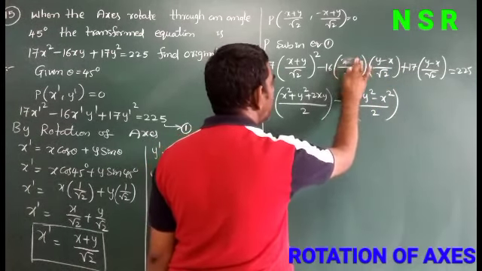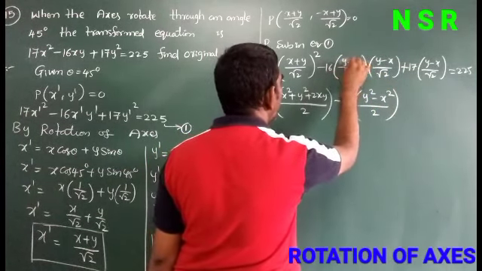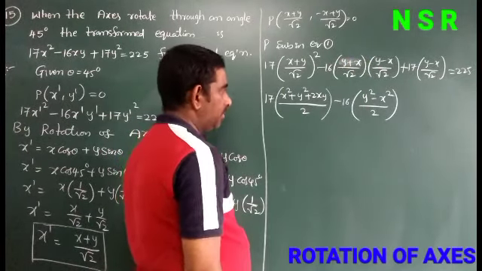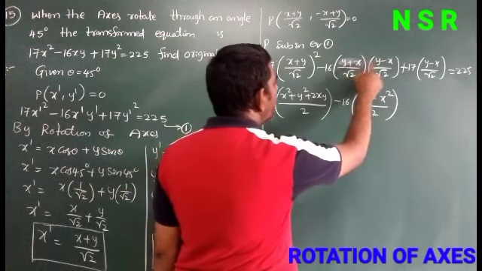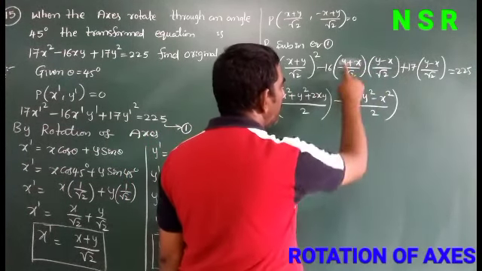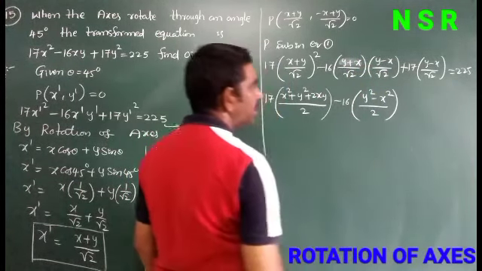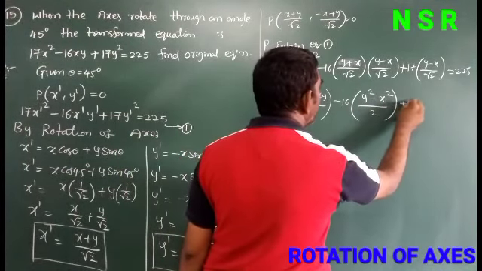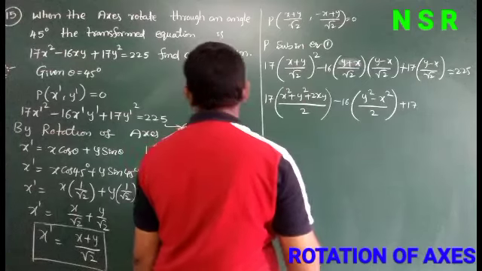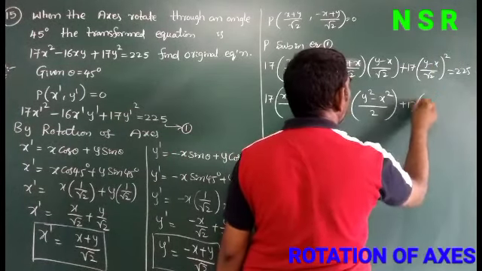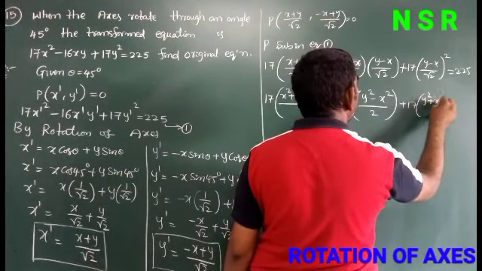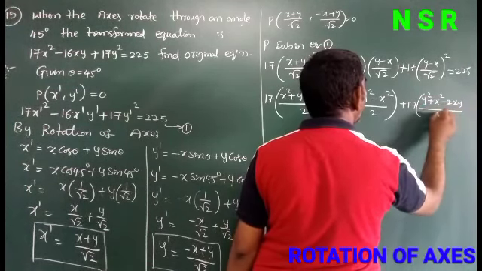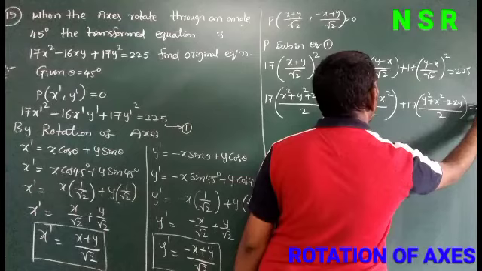If you are confused, x plus y and y plus x are both the same. So y plus x into y minus x, a square minus b square, by the denominator 2. Next plus 17 times y dash square: y square plus x square minus 2xy, that is a square plus b square minus 2ab, by 2.